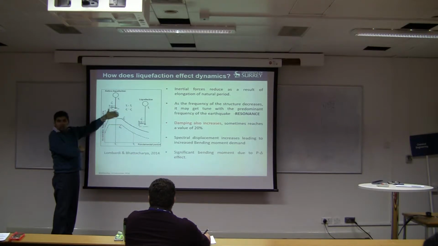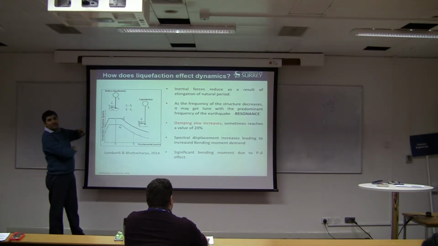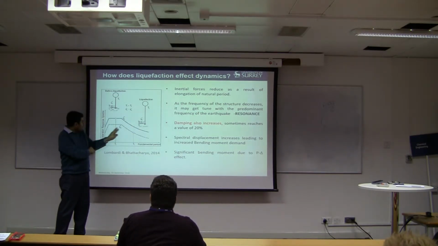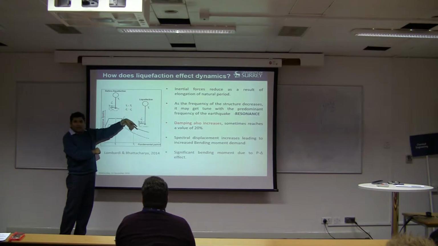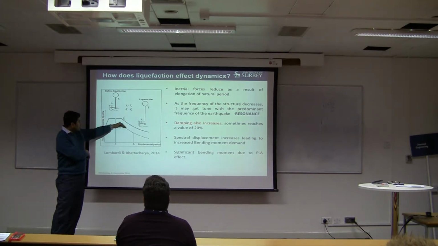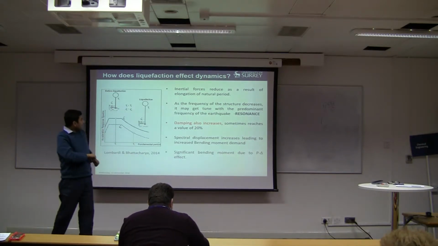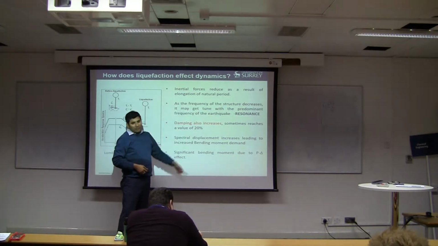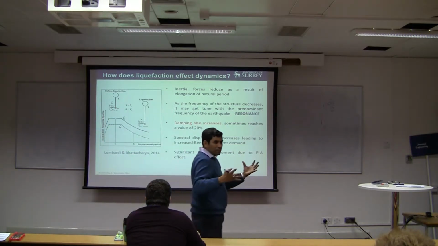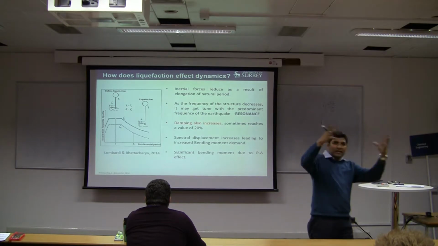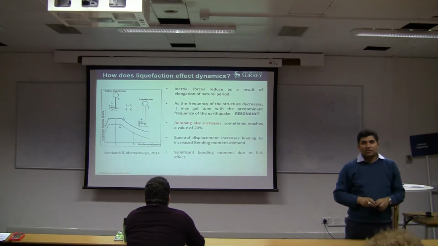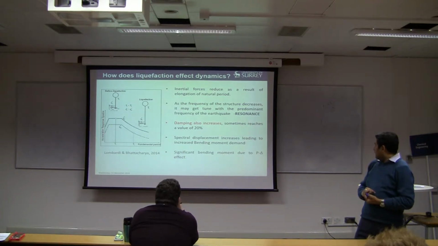When damping is low, you get a curve like that, but when damping is high, you get a lower curve. So when it's liquefied, damping goes up as well. Damping for liquefied soil can be as high as 20%, because the pile has to move in that solid suspension, the liquefied soil and the water, so you get a higher damping.